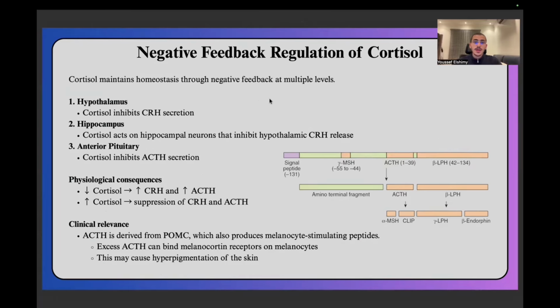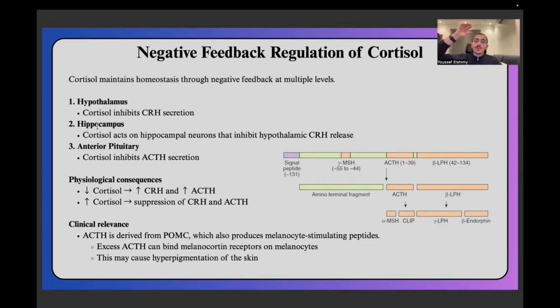How does negative feedback regulation happen? We mentioned that there's a negative feedback done by cortisol. Cortisol itself can go to the hypothalamus and inhibit CRH secretion. It could go to the hippocampus, in the upper centers, and control the hippocampal neurons that inhibit hypothalamic CRH release.